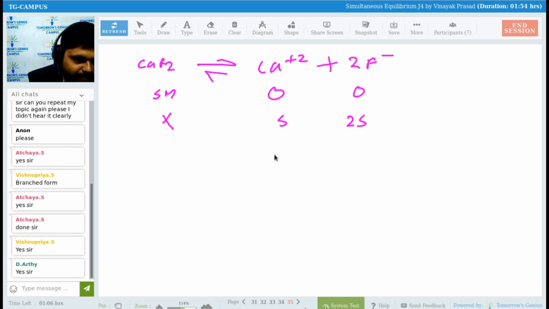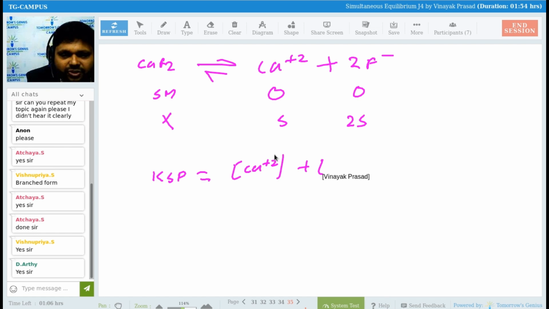Now, if we have to find the value of Ksp, it is the concentration of Ca2+ into the concentration of 2F- ion. Is it okay?